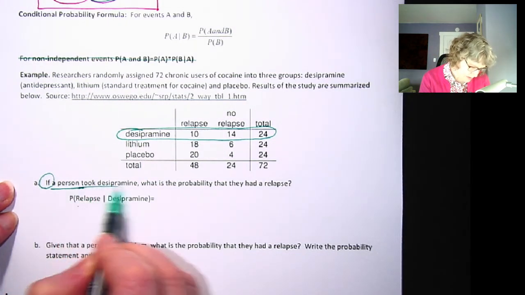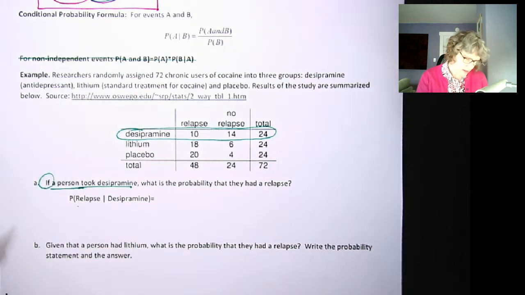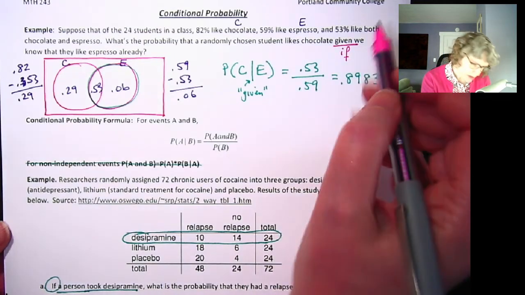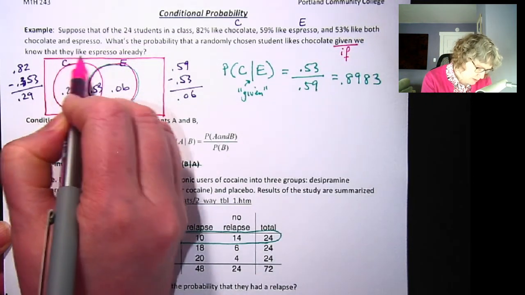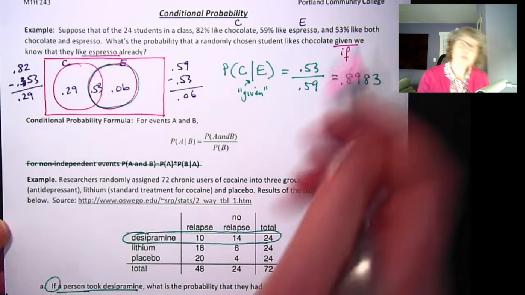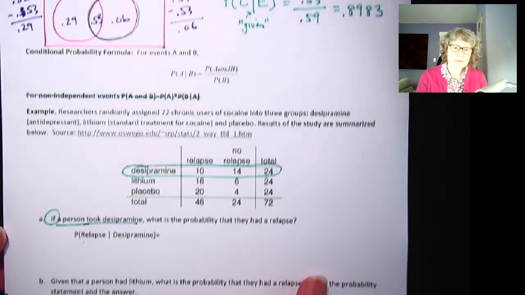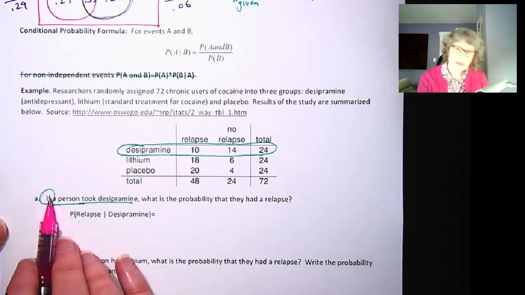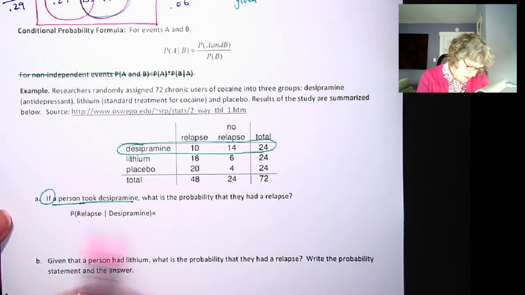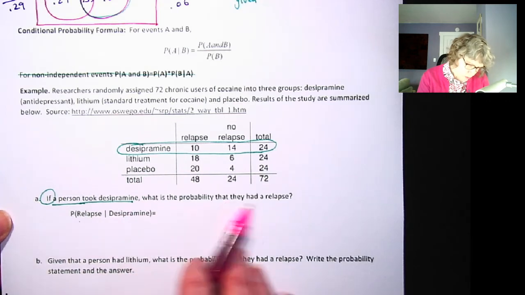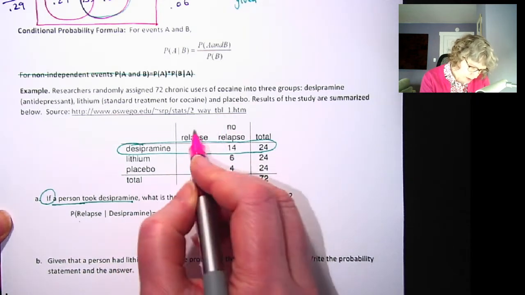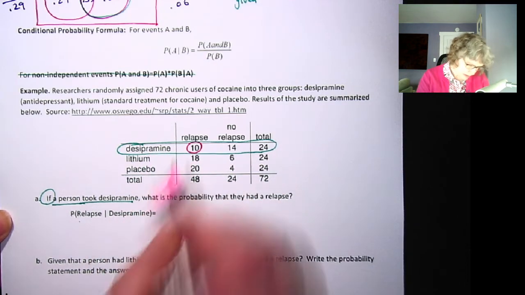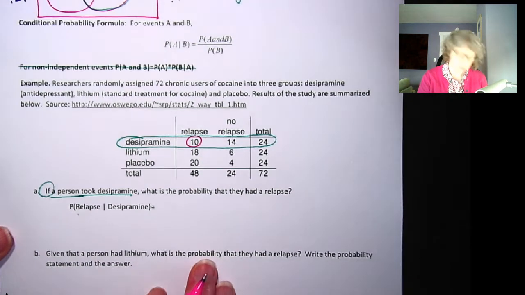So just whichever one follows the keyword. If a person took desipramine, that's the conditional. In our previous example, given we know they like espresso, espresso was following the given. So these are in 2 different orders. The order in the sentence doesn't matter. It's where the if or given comes. So if a person took desipramine, what's the chance they had a relapse? I'm going to look at relapse, and only in this row because we're only considering people that took desipramine.